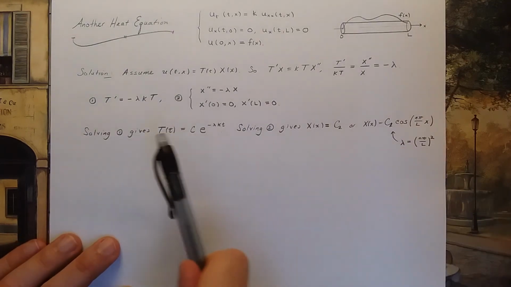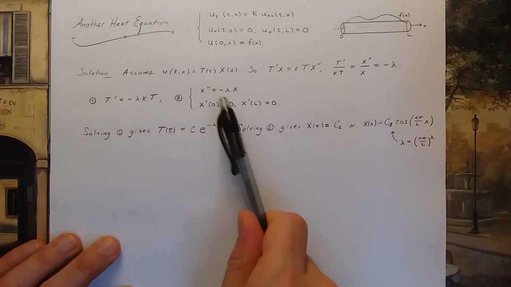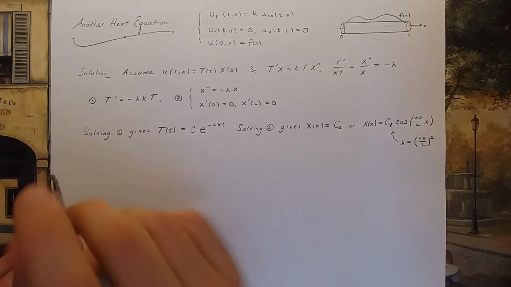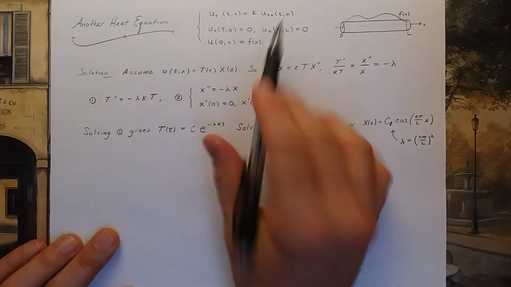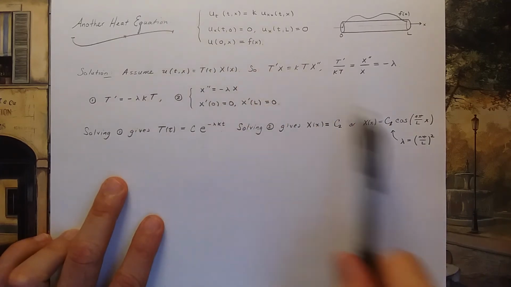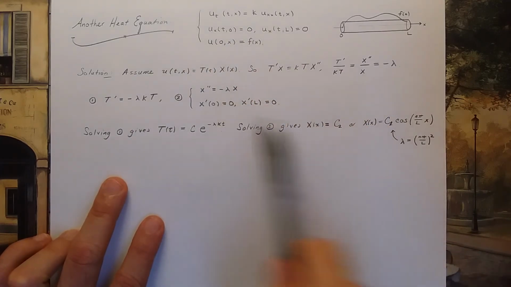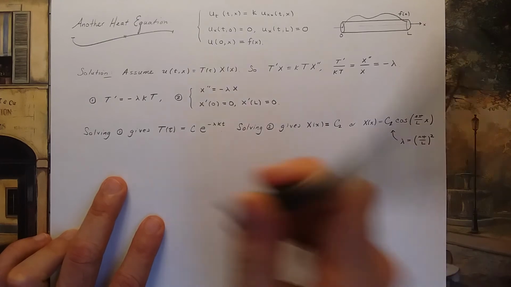So now I have my solution to this equation, I have my solution to this system. I can now write down the general solution to my partial differential equation. I have an infinite number of different solutions, one from each value of n.